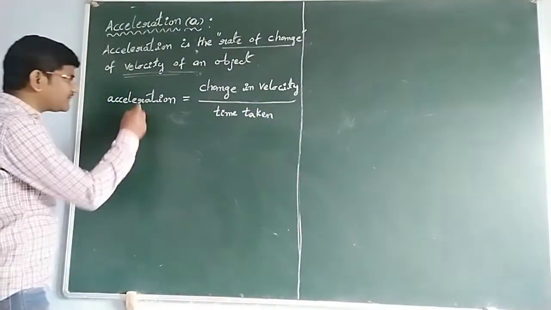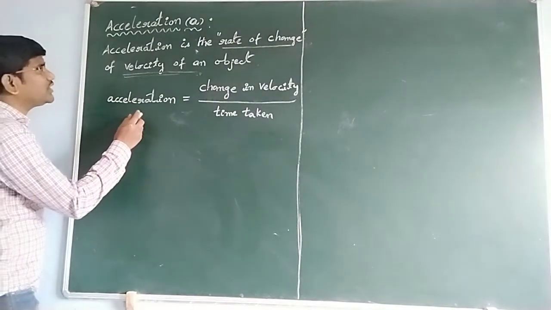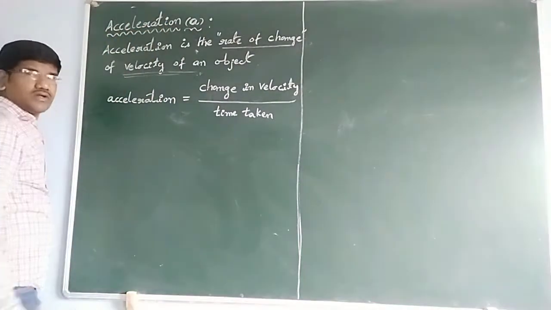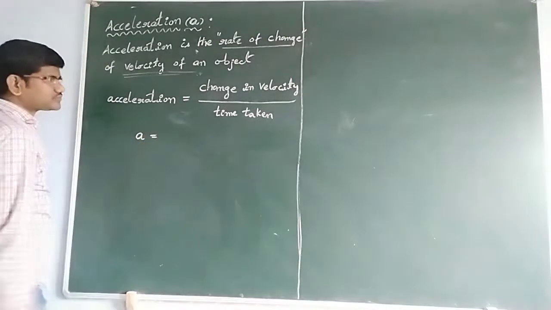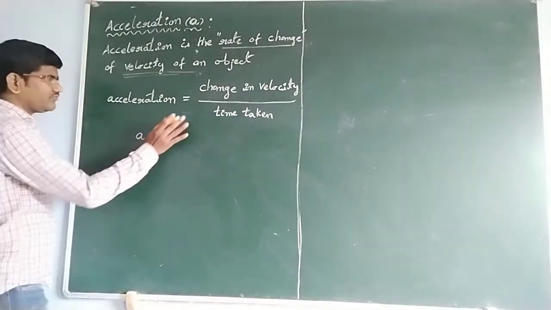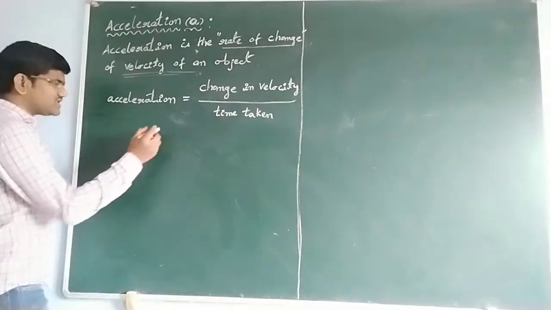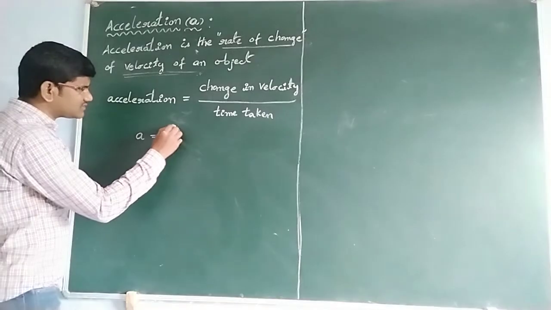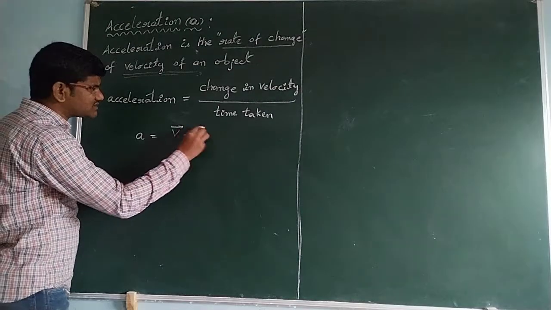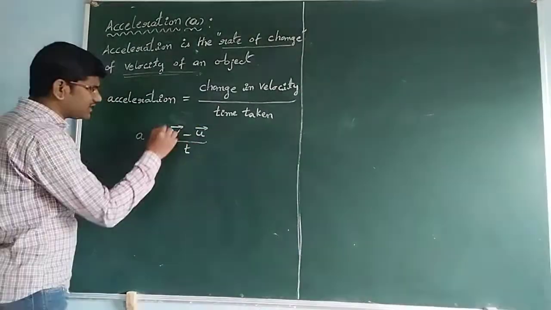Okay, students, and this acceleration we denote by the letter a. So a is equal to change in velocity, which means final velocity minus initial velocity, by time taken.